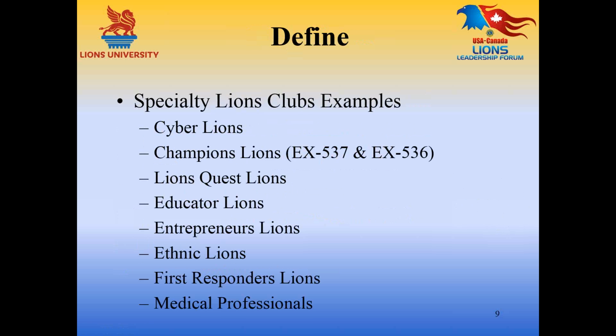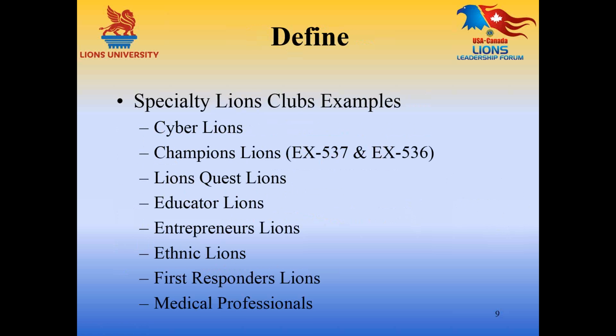We have entrepreneurial-type clubs, those people that could be young and starting out their businesses, maybe not young in age, but young in their business setup, and they're coming together to pool resources in order to reach out and do service projects as an entrepreneurial club rather than individual companies. And then you have ethnic clubs.